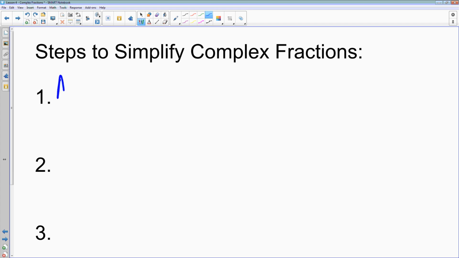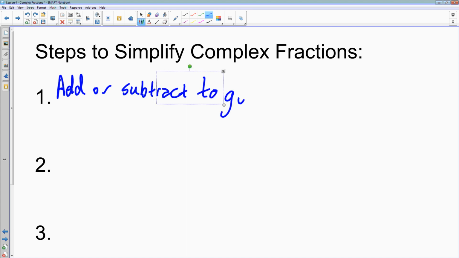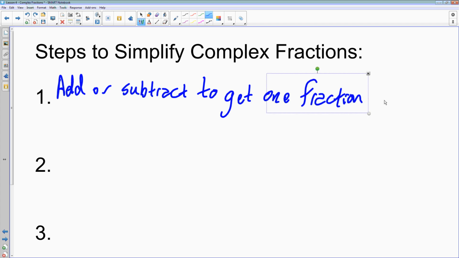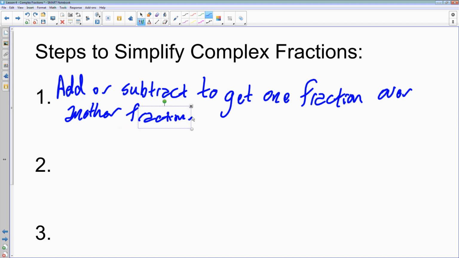Well, you're going to add or subtract, depending on what you're dealing with, to get one fraction over another fraction. So you just want it to be one fraction over top of another fraction.